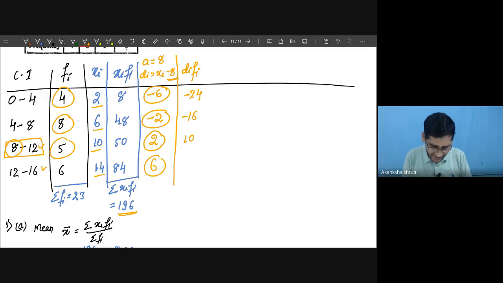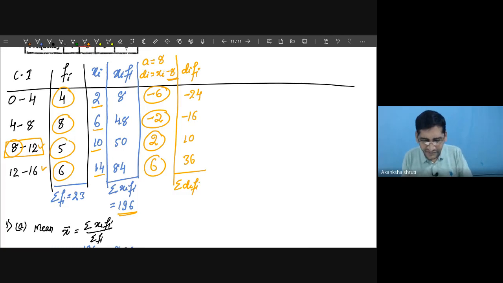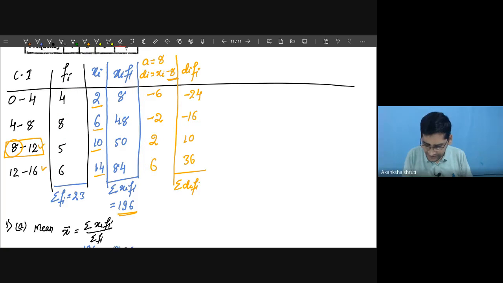Next one is 6 and 6, 36. Now you need to calculate the summation of di fi. Okay, students? What is this value? Has anyone calculated? Then please tell me quickly. Otherwise, you people just note down the answer. What is this value?